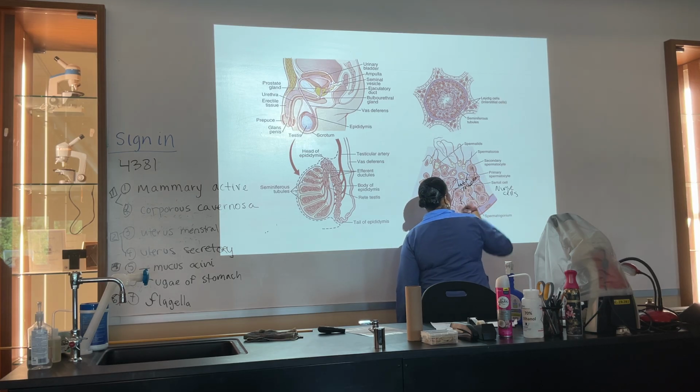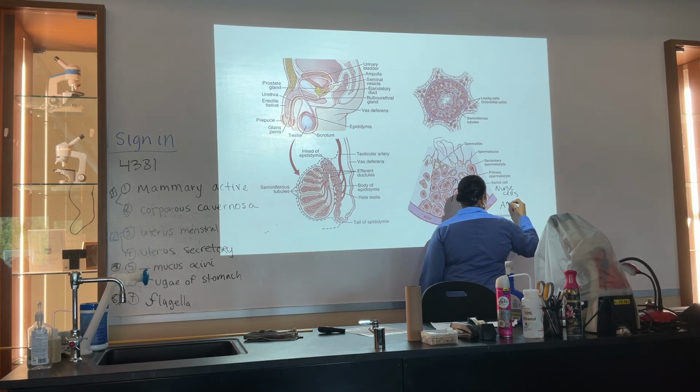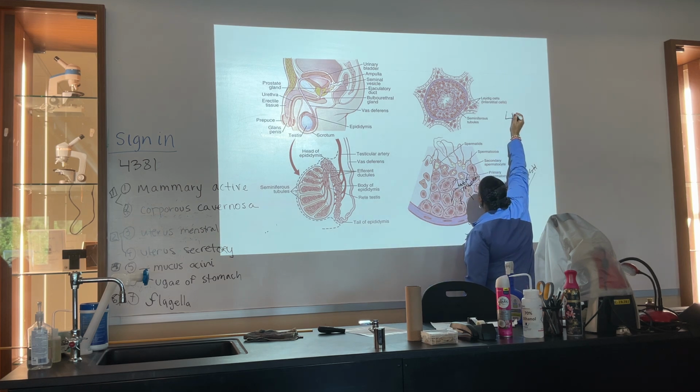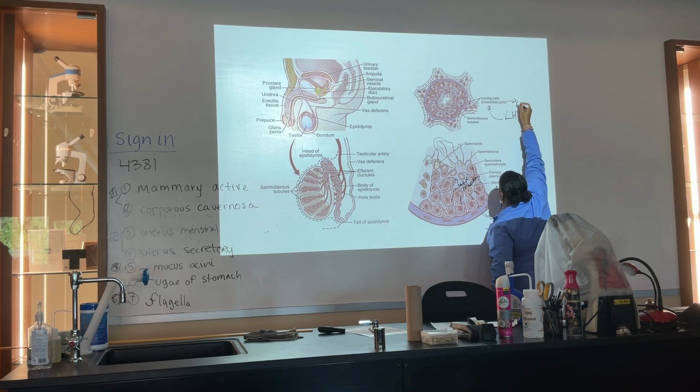The androgen binding protein. And that is what FSH stimulates for the male. And LH from the anterior pituitary stimulates them, and the Leydig cells make testosterone.